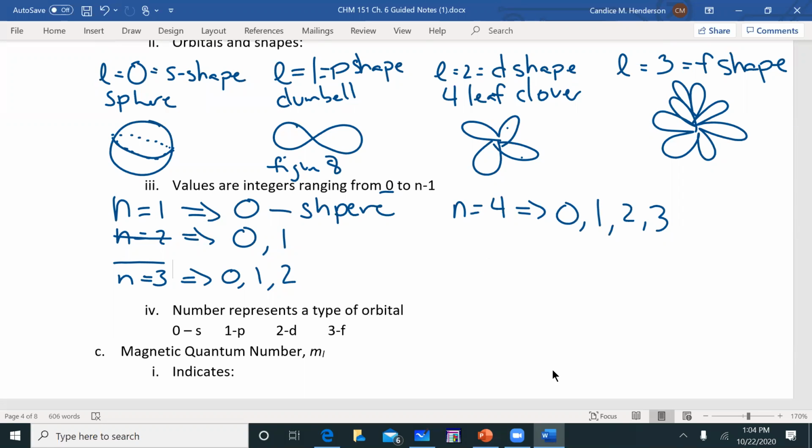So let me just draw it in. So n equals 5 would have the sphere classroom, the dumbbell classroom, the 4-leaf clover classroom, and again, the 8-lobe classroom. There isn't something more complicated that it would have on the floor. So we're getting broader until we get to the 5th, it just sort of stacks on top.